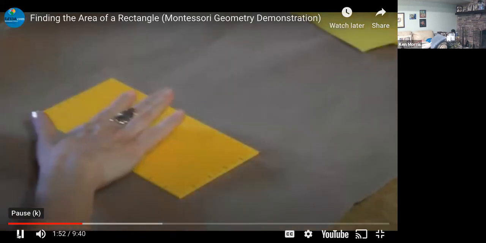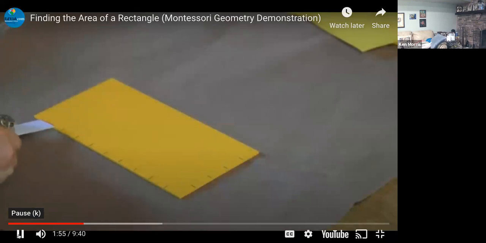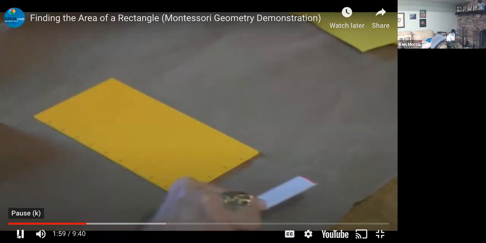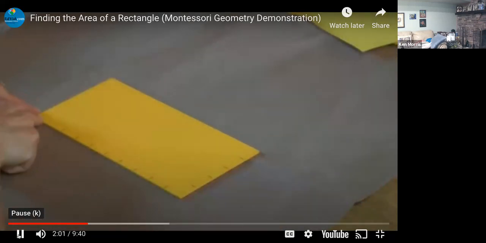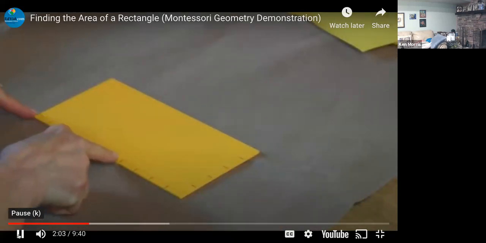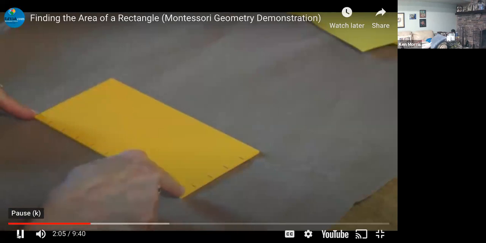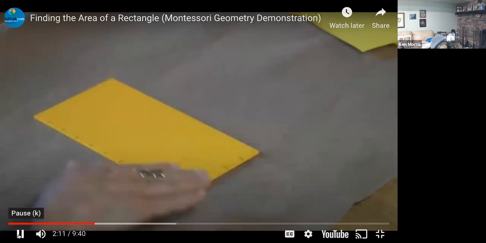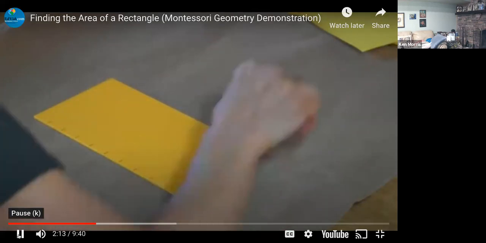So now I have a rectangle with these units of measurements marked on it, which helps me see that I have 10 units long and 5 units wide, but I still can't quite say what the measurement of this surface is.